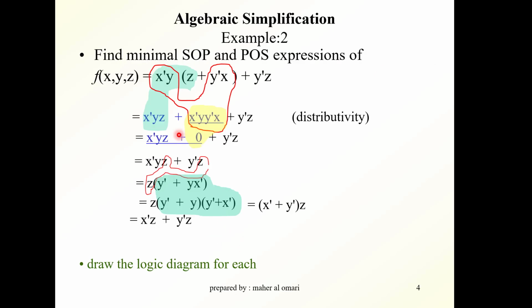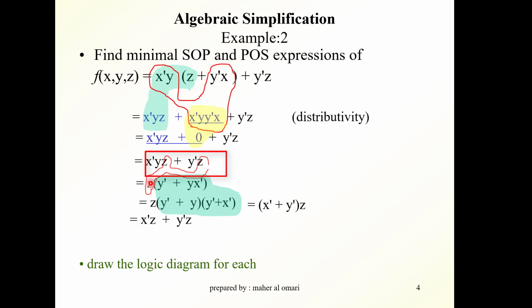Let's take example 2. Find the minimal sum of products and product of sums expressions for this function. Okay, if we take this term inside the brackets, we get X bar Y bar X. This term stays the same. Now let's take a look at this one. This is of course equal to 0. Why? Because Y bar is equal to 0. This stays the same and this stays the same. From these two terms, we take the Z out of the bracket.